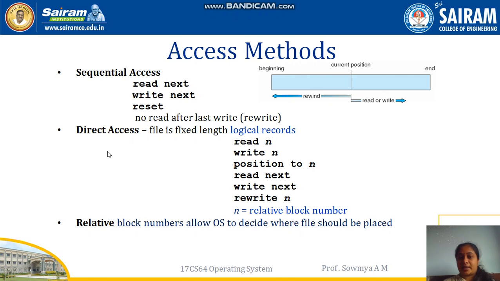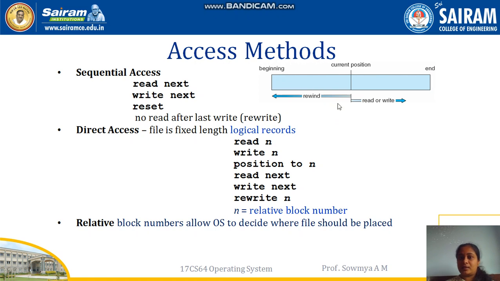Next one is direct access. Here, instead of next, we have a pointer called n. Read n means if you give n, the logical address, the pointer goes to that address somewhere between the beginning and end of the file, and starts reading from the nth location.